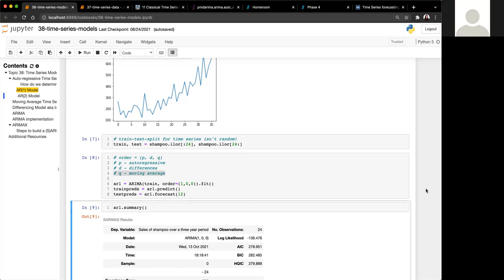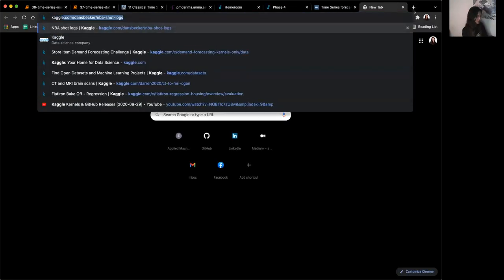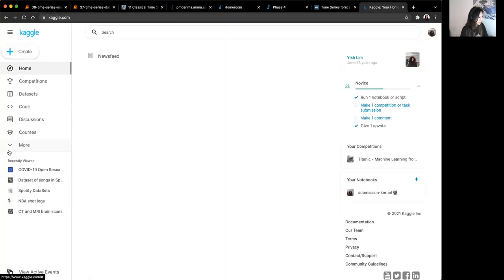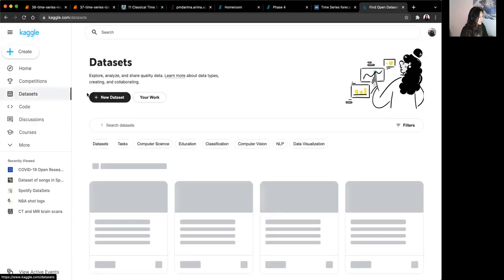If we look up data sets on Kaggle, should we specify, like, is there a specification in the search? Ooh, good question. Let's take a look. It's been a while since I've looked at Kaggle data sets for forecasting. So let's find out.